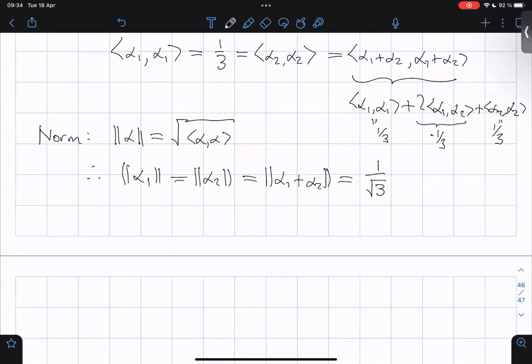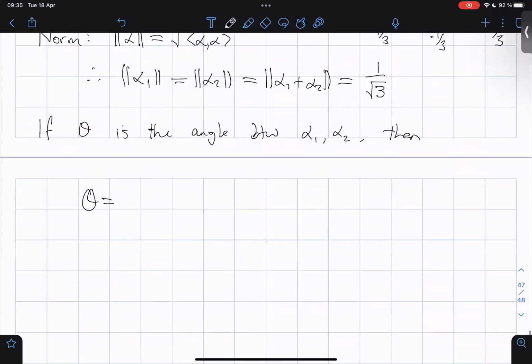Okay, so the next question that we ask is, well, how are they situated relative to each other? What's the angle between them? So then we just use the usual angle formula from high school here, right? So if theta is the angle between alpha 1 and alpha 2, then cosine of theta is alpha 1, alpha 2, so their dot product, right?